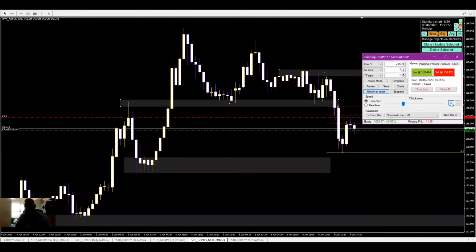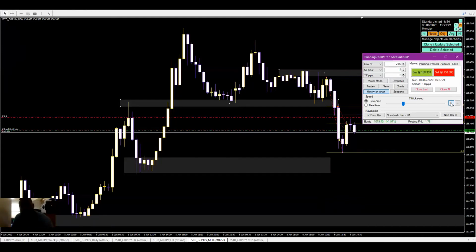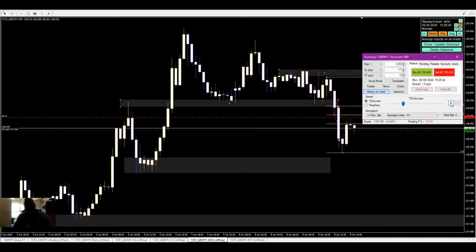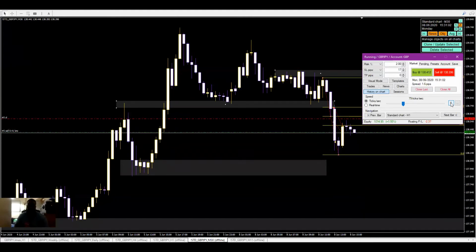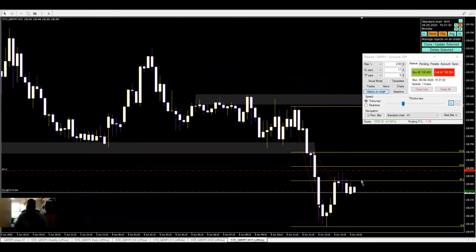All right, so let me see the 15-minute candle. You see how this 15-minute candle formed bullish. At that point I would close 50% of my trade.